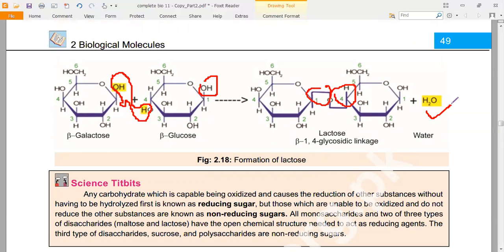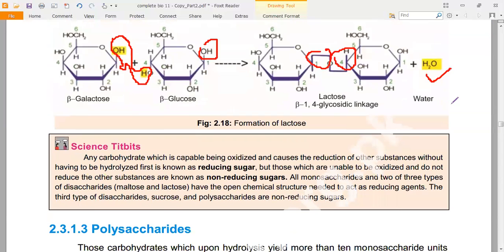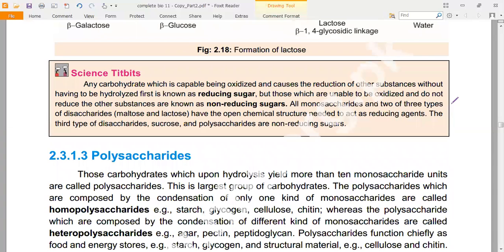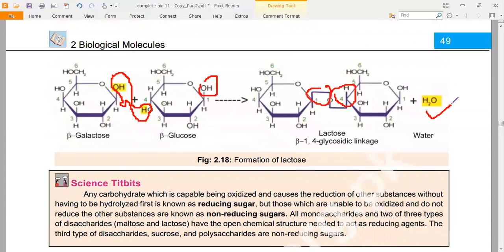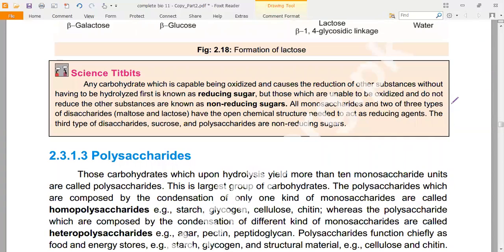So on condensation it gives what? It is broken down into two molecules of monosaccharides. These carbohydrates are also classified as reducing sugars and non-reducing sugars.